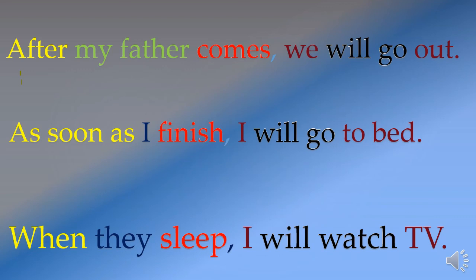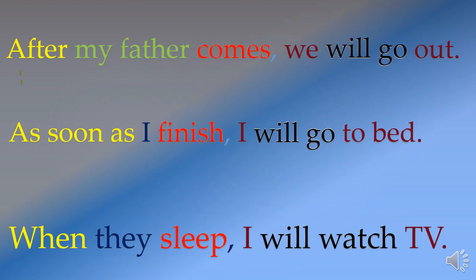Remember that after, as soon as, when, we call them time conjunctions, روابط زمنية. If we have in the sentence after or as soon as or when or before or by the time or if, and it refers to future plans in the near future, وبتعبر عن خطط مستقبلية هتحصل في المستقبل القريب, at this time we use after these conjunctions, بنستخدم بعد الروابط دي, the present simple tense, and on the second part we use the future tense using will plus infinitive.